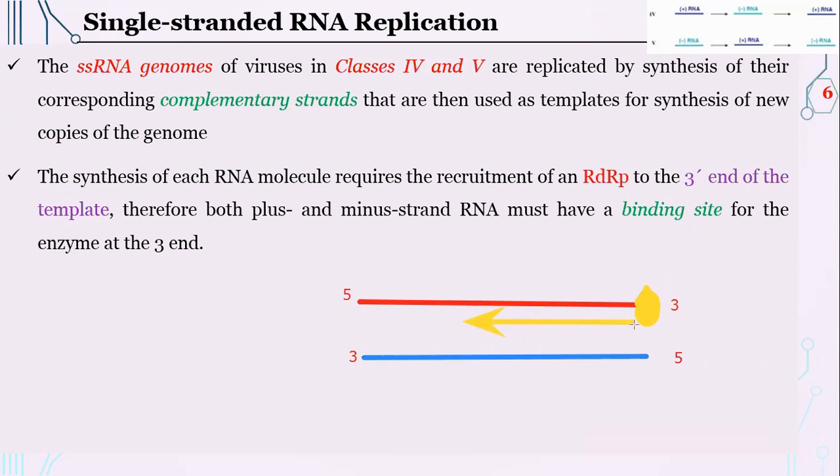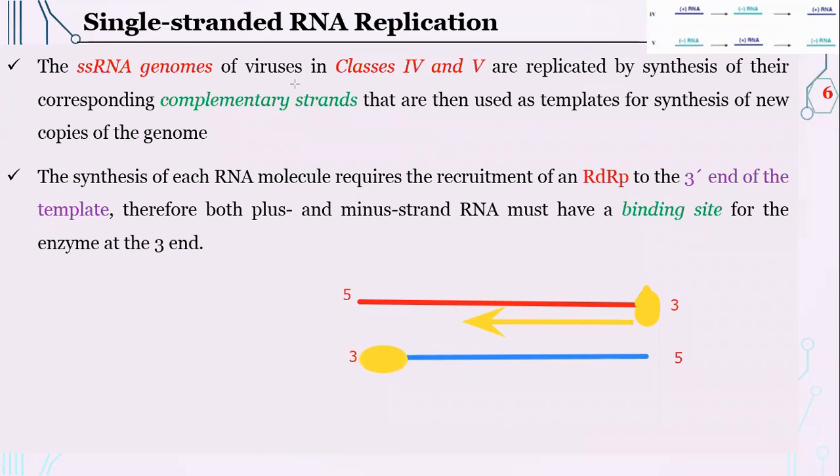Now the negative sense RNA has the 5' end here. So when it is produced, it will have a binding site on the other side, at the 3' end. So at the 3' end here, there will be a binding site.